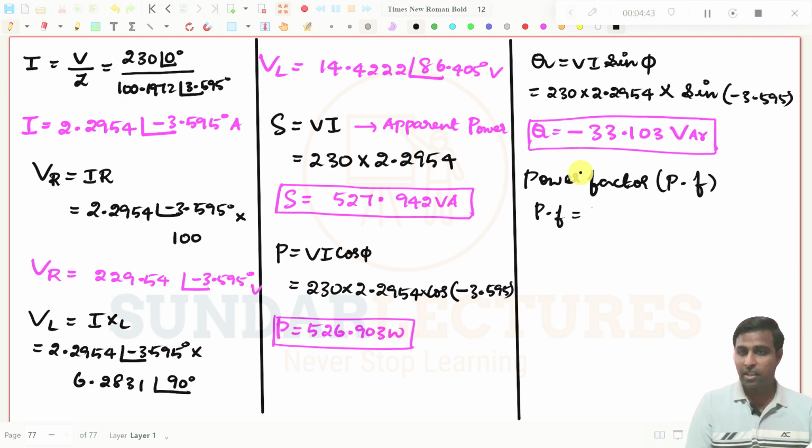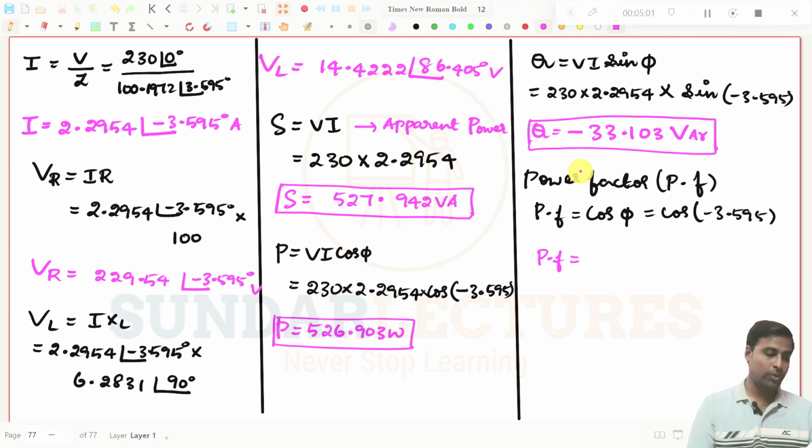We can easily find it by cos φ, which is equal to cos of minus 3.595. If I simplify this, I get power factor equal to 0.998. That is the power factor value.